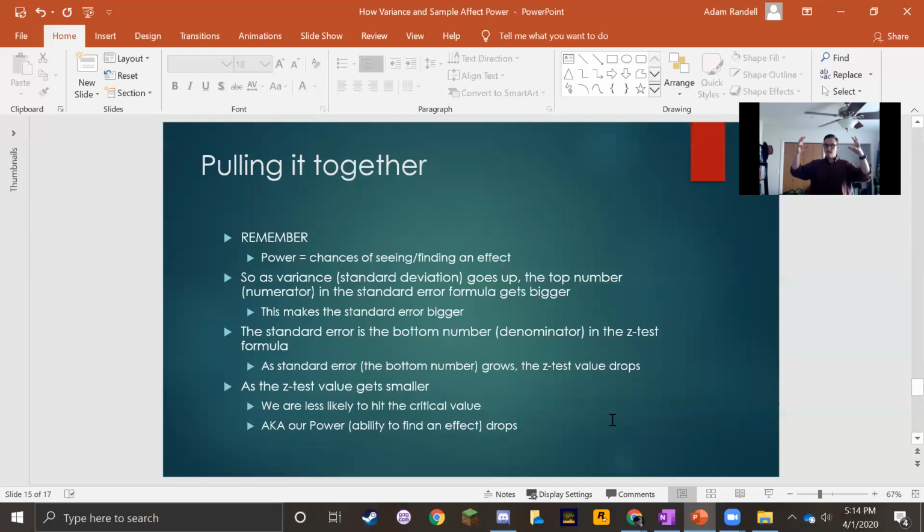So more variance, greater standard error, smaller z statistic. All right. If we have a smaller z statistic, then we are not going to be as likely to hit one of those critical values or exceed it. That means the chances of us finding an effect are smaller.